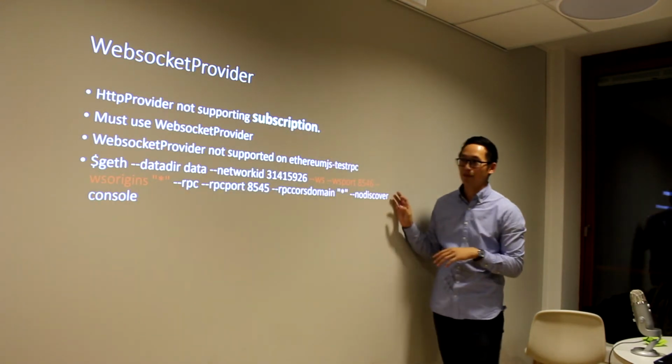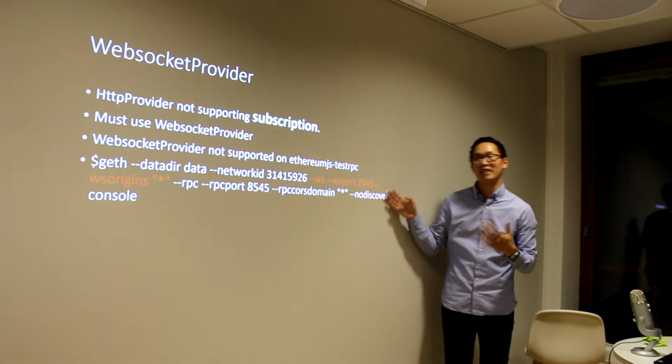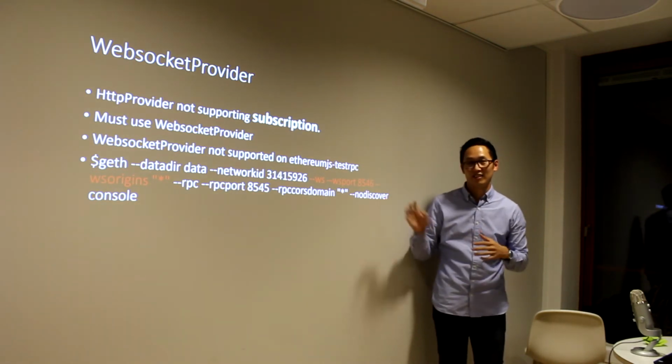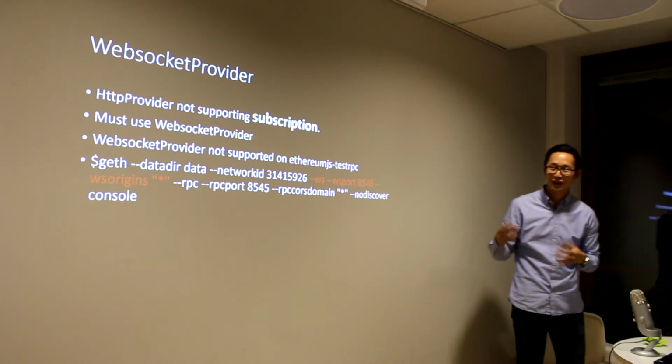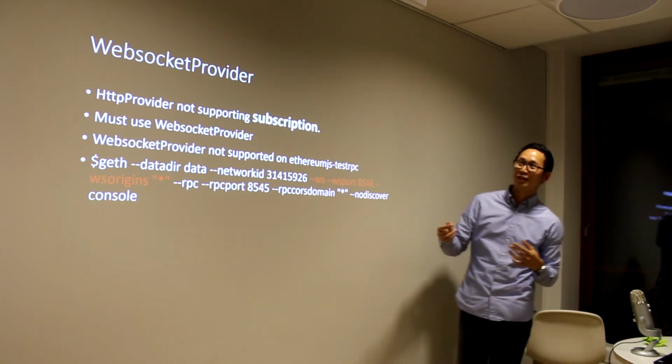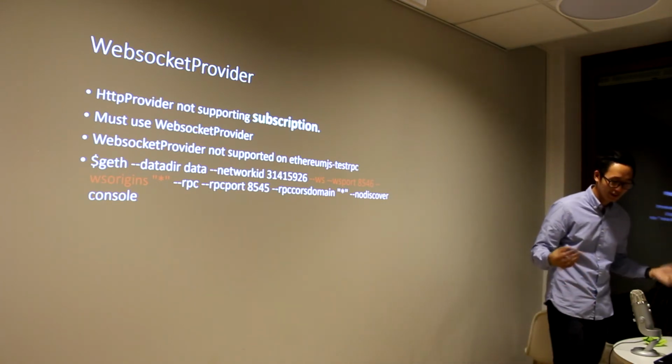Then you will be able to subscribe to smart contracts in the mainnet. I think it's a new thing, because before I could use the HTTP provider, so stuff is changing all the time.